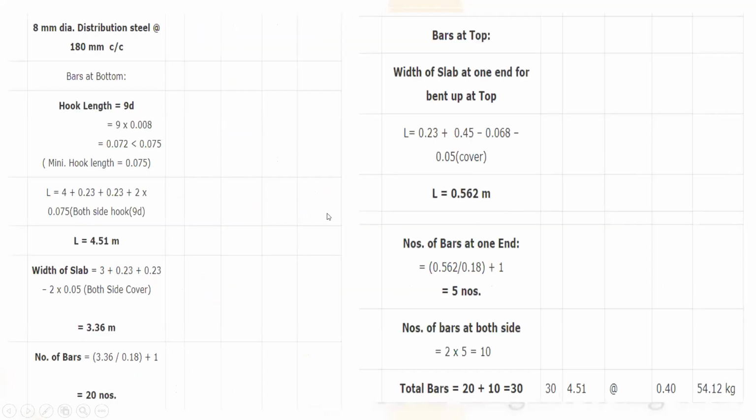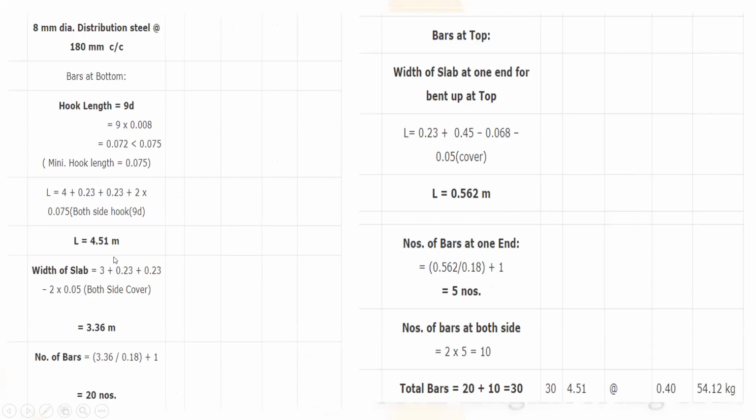8 mm distribution bars. Bars at the bottom, hook length is 9d. That is 9 into 0.008 is equal to 0.07, which is less than 0.075. So minimum hook length has to be considered as 0.075. L is equal to 4 plus 0.23 plus 0.23 plus 2 into 0.075.